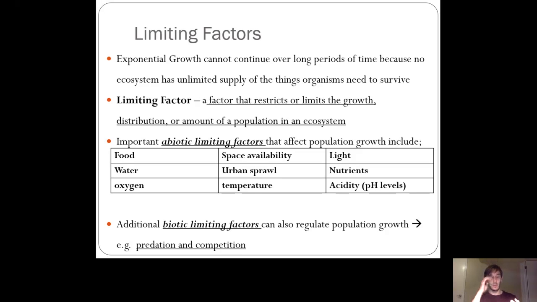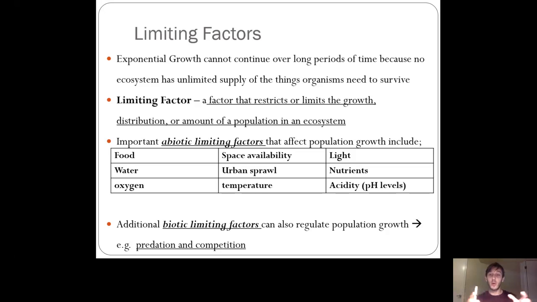Okay. Urban sprawl is something I particularly want to talk about, because what urban sprawl means is the places where we live, our cities and our towns, when they grow larger, they grow larger into space that was once a natural ecosystem. And as our cities and towns grow larger, they eliminate that natural space for animals to live in.